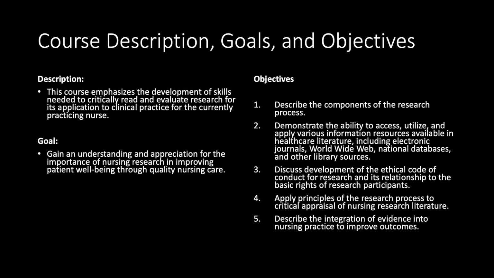Discuss development of the ethical code of conduct for research and its relationship to the basic rights of research participants. Apply principles of the research process to critical appraisal of nursing research literature. And describe the integration of evidence into nursing practice to improve outcomes.